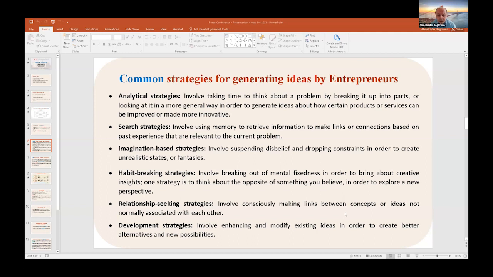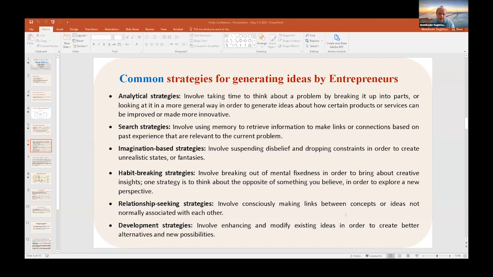Sometimes we use our imagination. Sometimes we talk to people and the interaction generates ideas. Sometimes it's generated through research and development, scientific discoveries and invention. All of these are well-established idea generation strategies that will end up in opportunities for entrepreneurs.